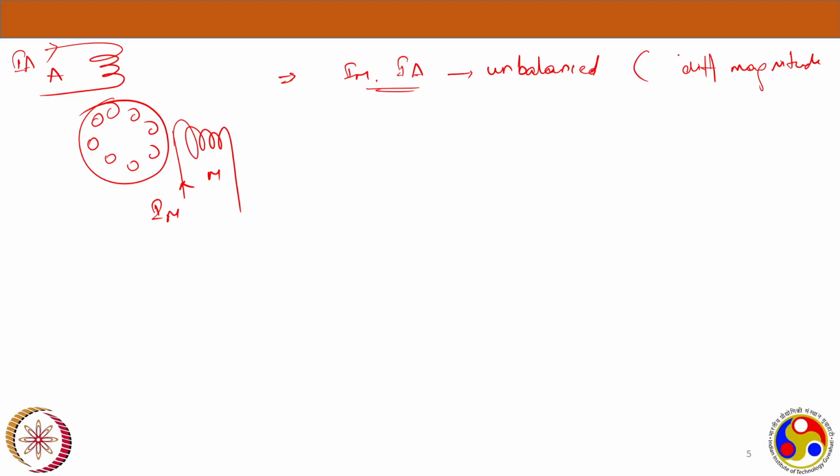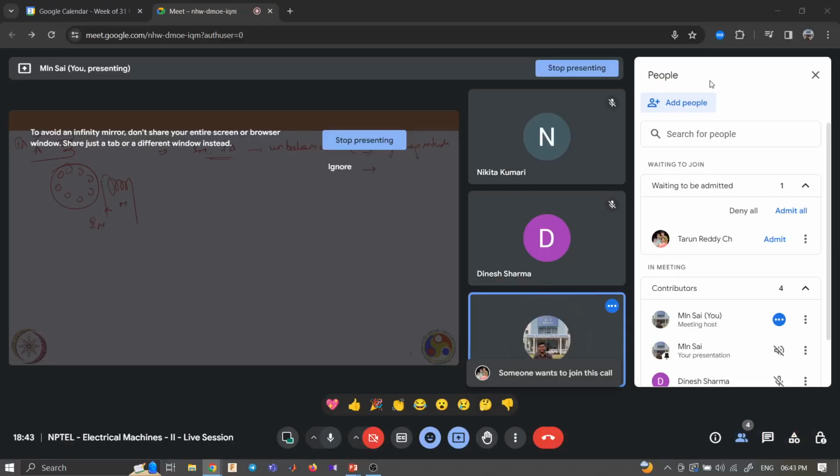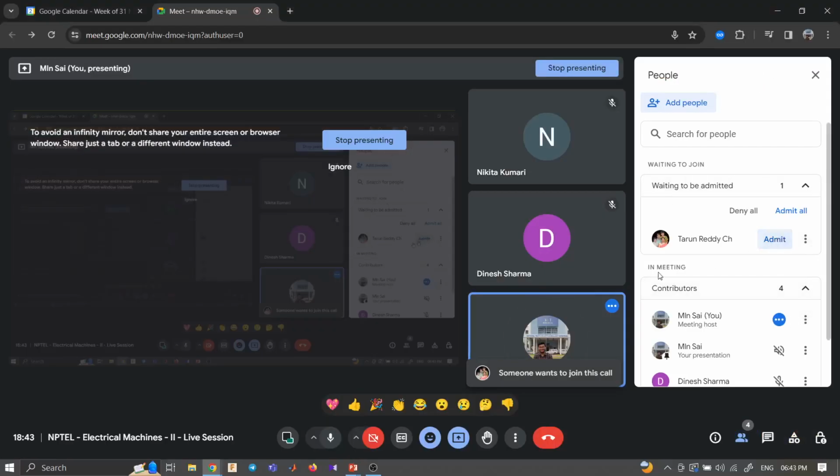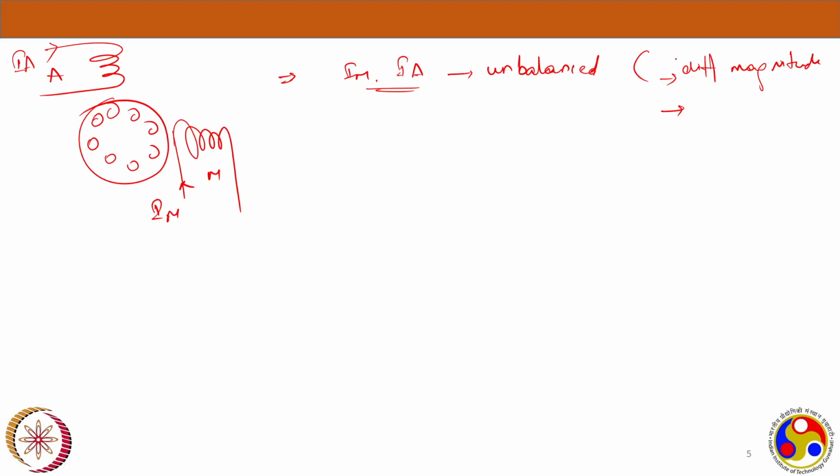But I'm assuming IM and IA are unbalanced, so the phase difference could be anything, not exactly 90 degrees. These are the unbalanced situations I'm considering.